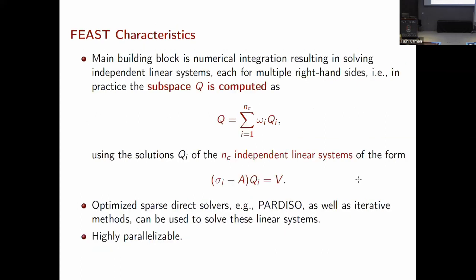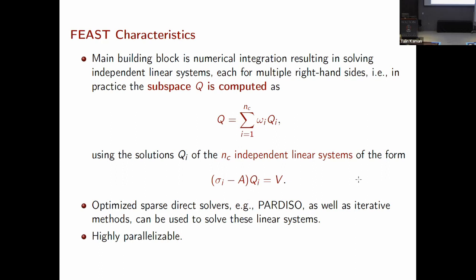Other characteristics: the subspace Q is computed in this way. You solve as many shifted linear systems as the number of quadrature nodes, and usually we are able to deal with a small number of quadrature nodes.